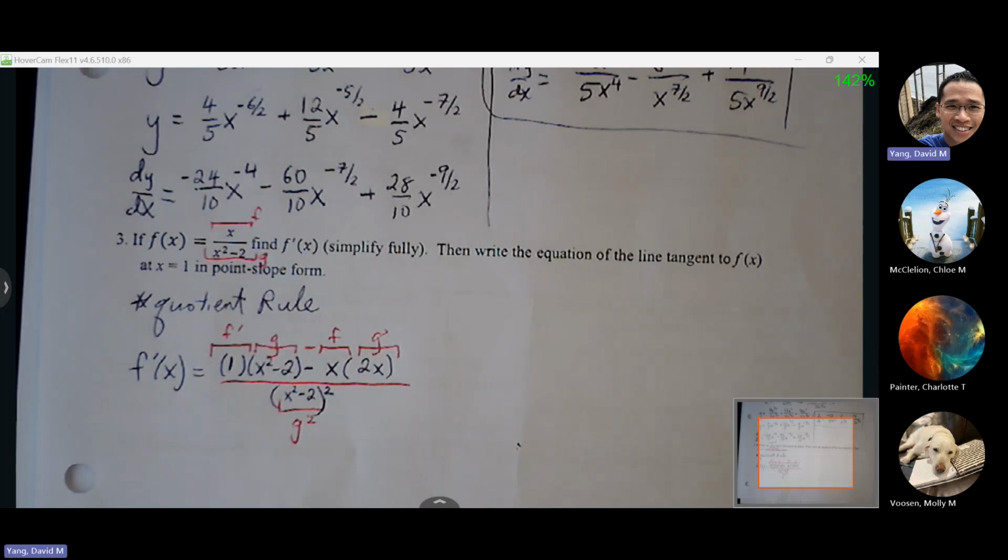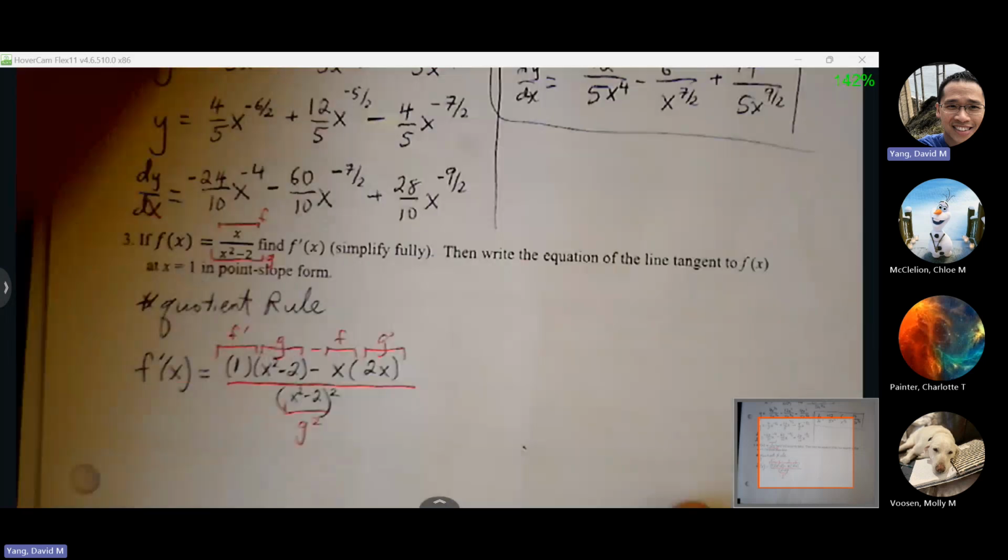Okay, so this is my f prime. I'm just going to do some cleanup. And again, when you do cleanup with quotient rule, you're not going to touch your denominator. All you can really do is work on your numerator, but whatever your denominator shows, you're largely going to leave it alone.